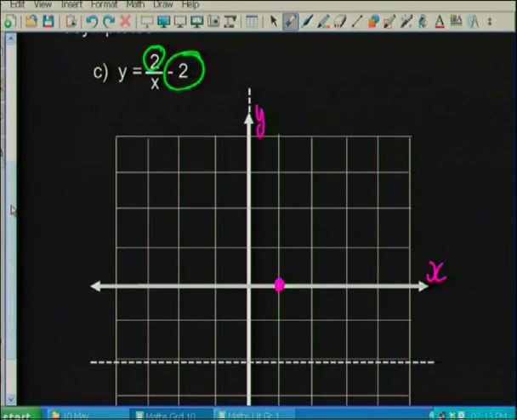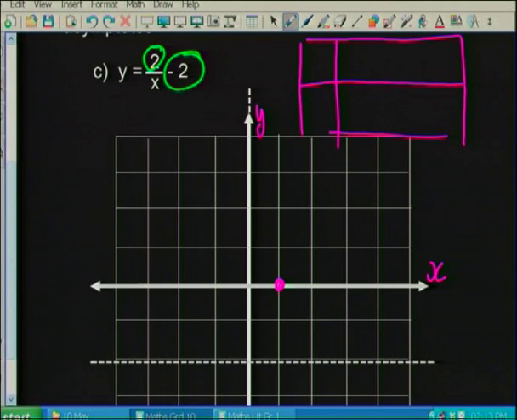Now I'm going to do my table. Starting off with x equal to minus 2. If x is equal to minus 2, then I have minus 1 minus 2, which is minus 3.